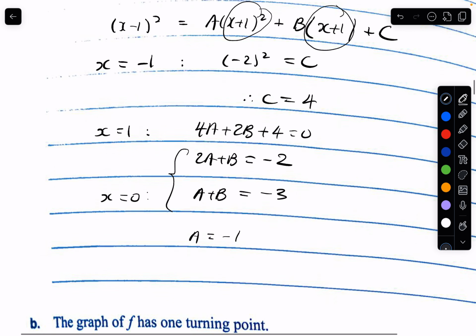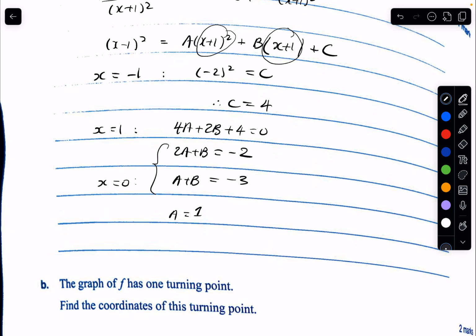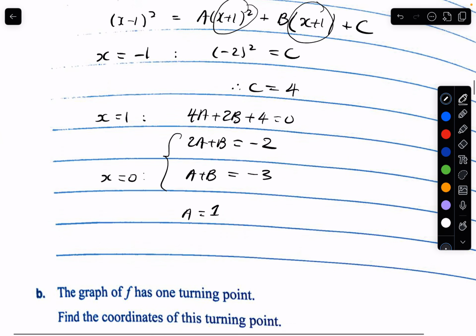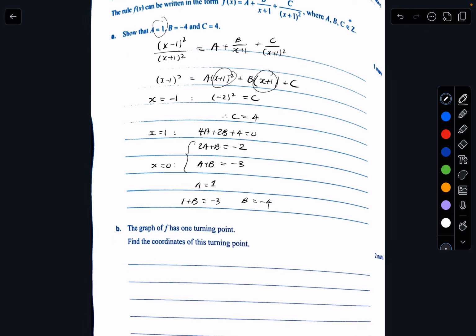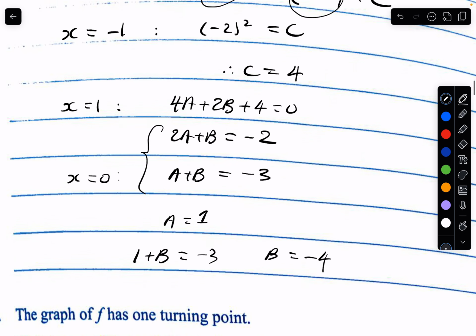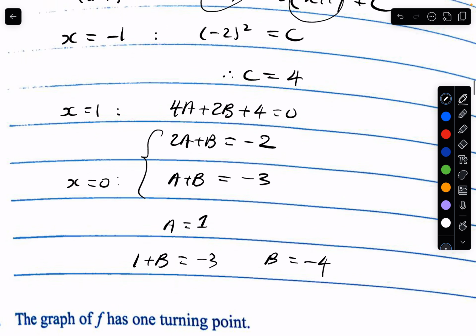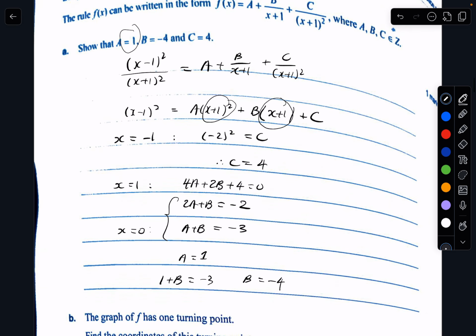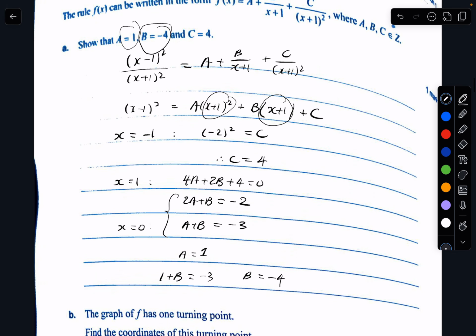And then if you subtract these, you should get a is equal to 1. And then you can plug that back in. So 1 plus b is equal to negative 3. B is equal to negative 4. Is that what we wanted? Oh, no. B is negative 4. Whoops. Yeah.